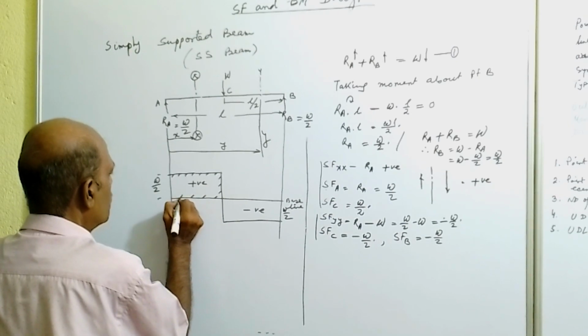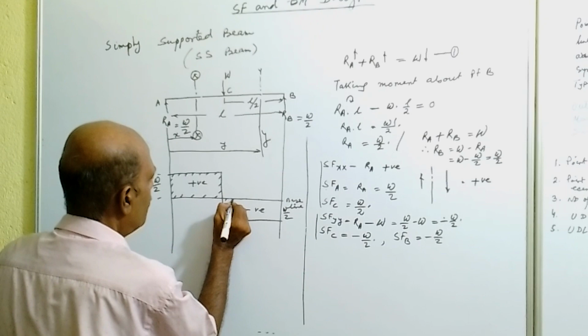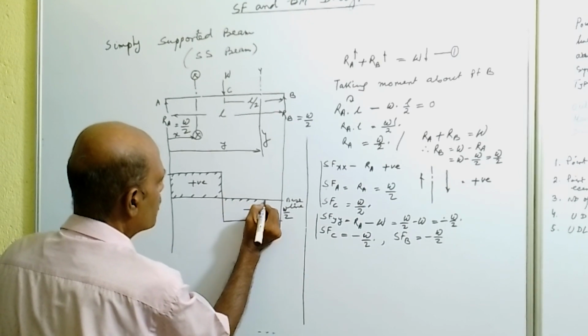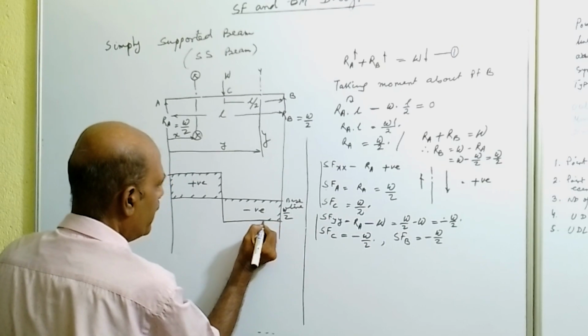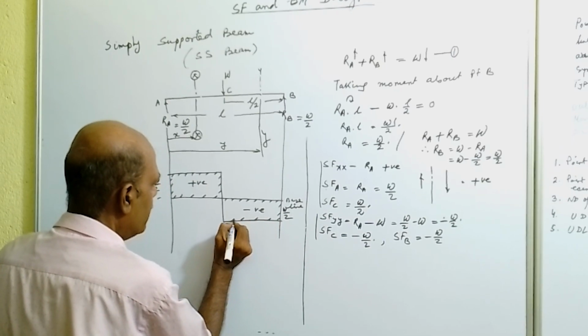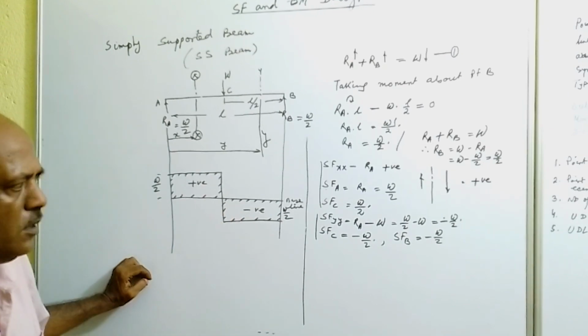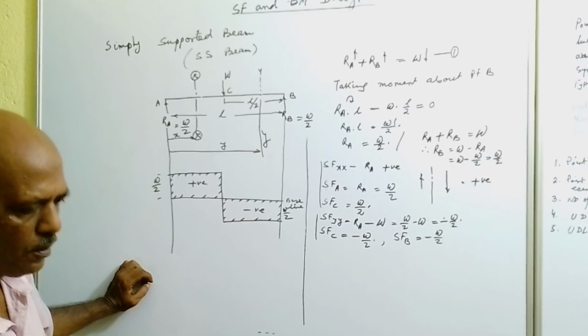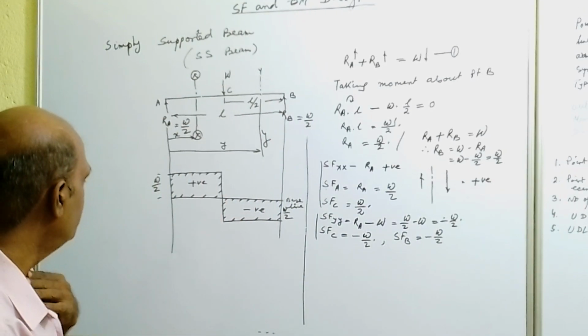So this is the shear force diagram for the kind of loading on simply supported beam. The simply supported beam is loaded at the center with a point load, that is W. Now we will see the bending moment diagram for this beam.